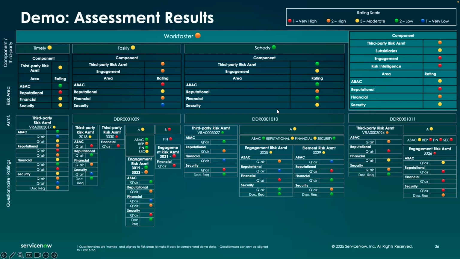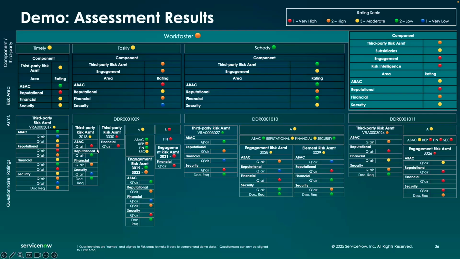So now let's look at, for example, Skiddy. Skiddy has one assessment and has one engagement. And the engagement itself has engagement risk assessment, one of the components, and the other is element risk assessment. As we look at Taskly, Taskly is slightly different in how it has been executed.